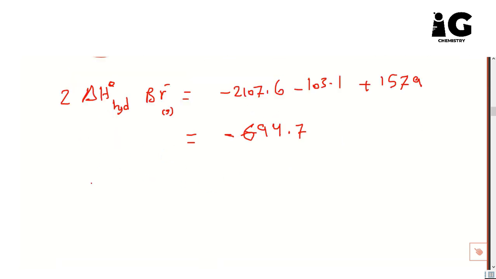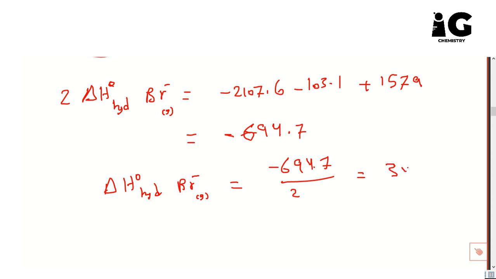So we need to cancel this 2, so divide everything by 2. So delta H hydration of bromide is 694.7 divided by 2, so it's going to be 347 kilojoule mole negative 1.